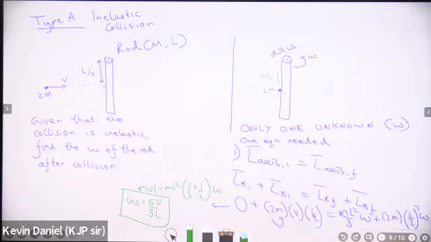I divide by L by 2 to get omega. Okay, so velocity of rod is velocity of particle plus V by 2, omega of the rod, divided by L by 2. I got the relationship between omega of rod and the particle.